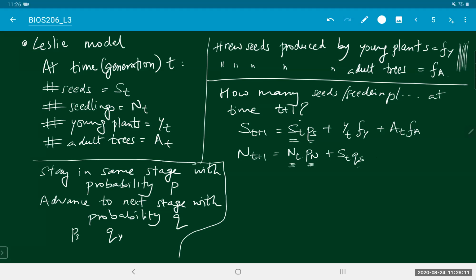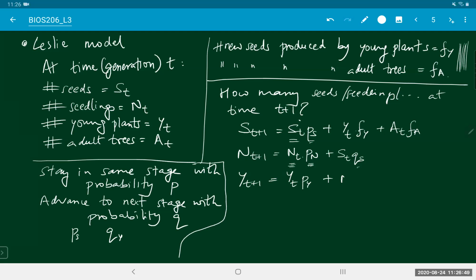Are you following me so far? I'm writing what is happening in the next generation in terms of what was already there in the previous generation times the probability of certain things happening, of either staying in the same generation or advancing to the next generation. How many young plants are there in the next generation? Well, there were some young plants from the previous generation which stayed in the same generation.